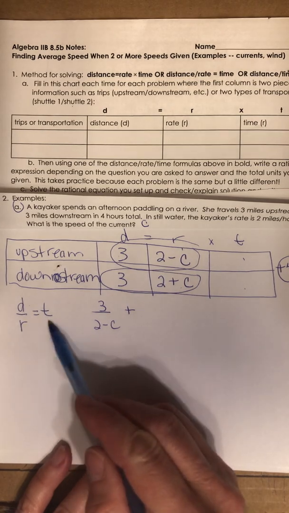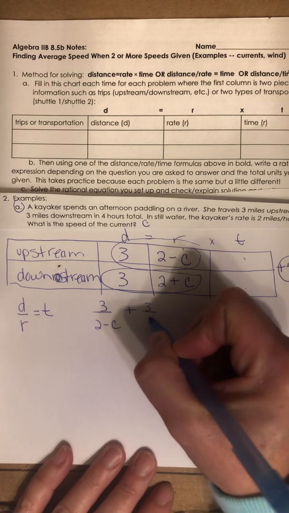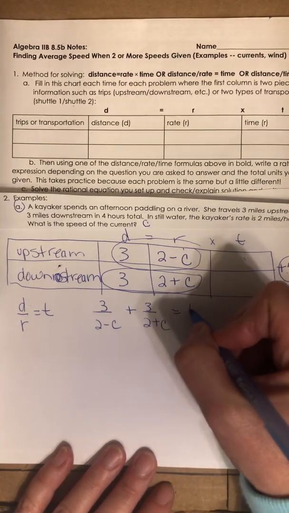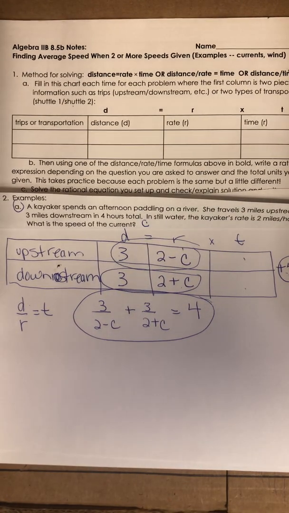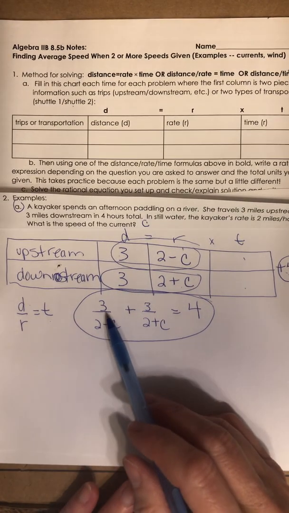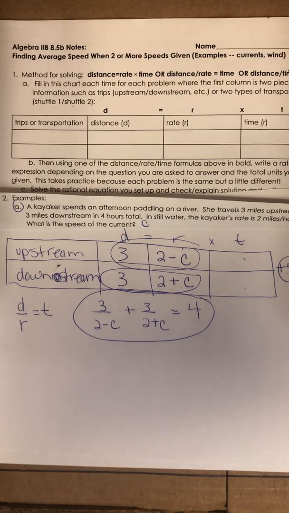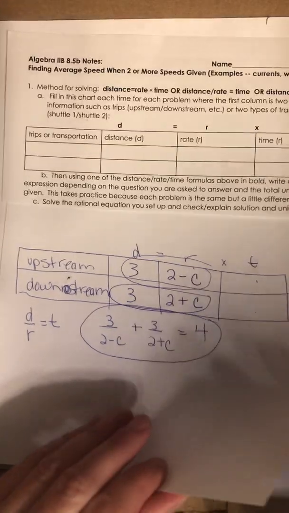Distance divided by rate is time, and that is 3 over 2 plus C. And when I add up those two times, I get a time of 4. So here is the rational equation you will be solving. You do know how to get rid of these denominators by multiplying through. So work the problem from there. Okay, next.